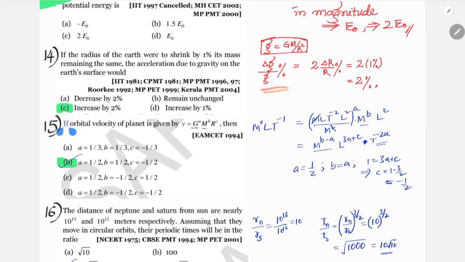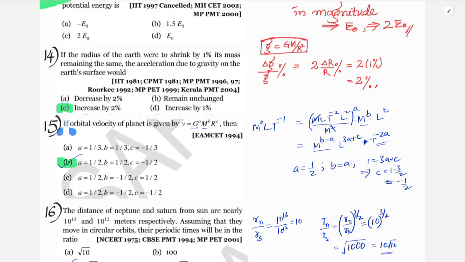Already in the first chapter we studied the percentage of errors. Similarly here, the percentage change in gravity is equal to the power here. Remember, either it is inversely proportional or directly proportional, you need to add up only. The variation must always add up. So that is the reason, 2 times the percentage change in the radius. They given percentage change in radius is 1%.